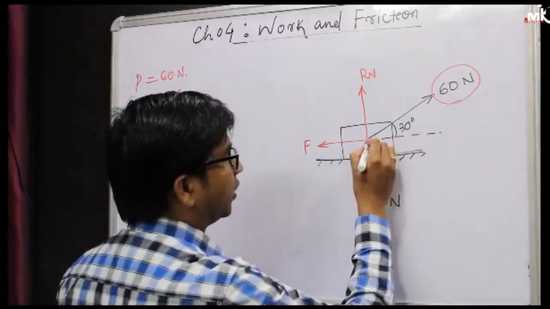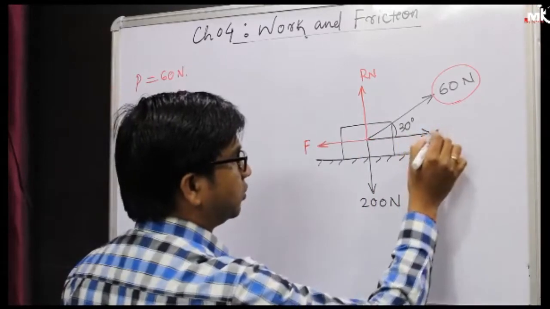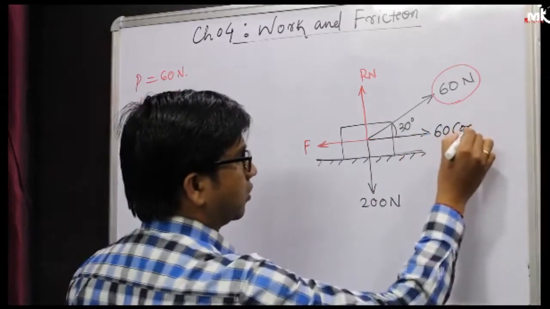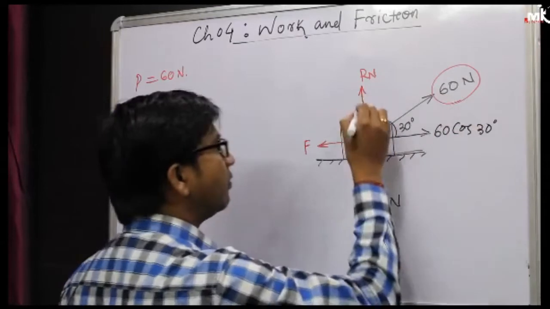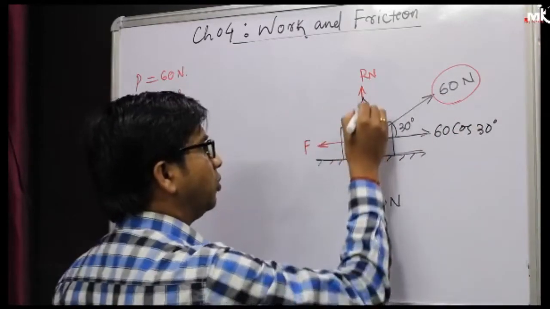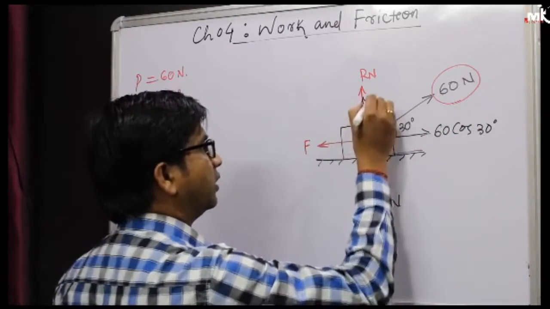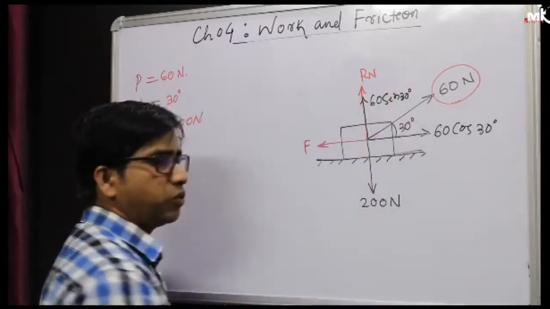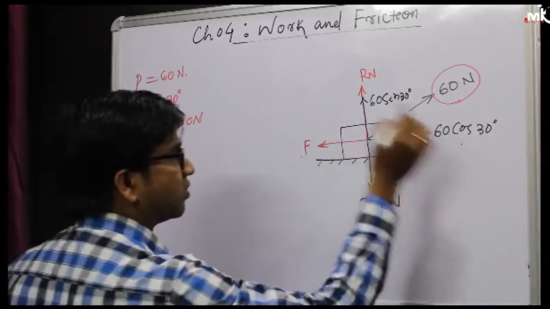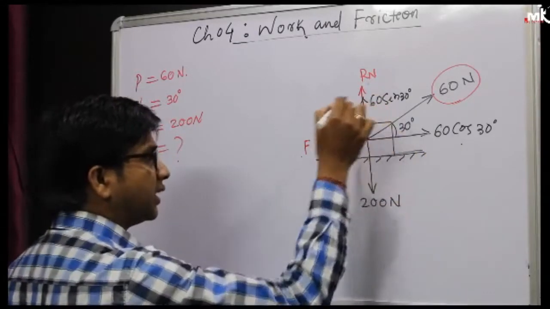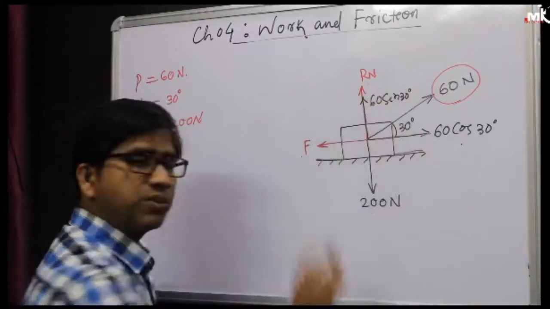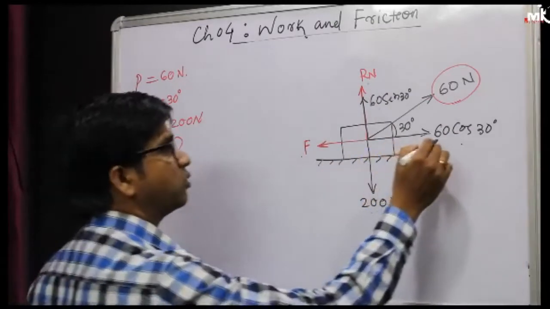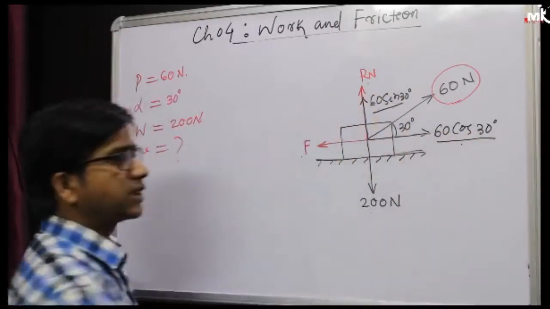So one component is 60 cos 30, and another component acting vertically upward is 60 sin 30. So these are the forces: F, 60 cos 30, Rn, 60 sin 30, 200. The 60 force is no longer there because it has been split into 60 cos 30 and 60 sin 30.